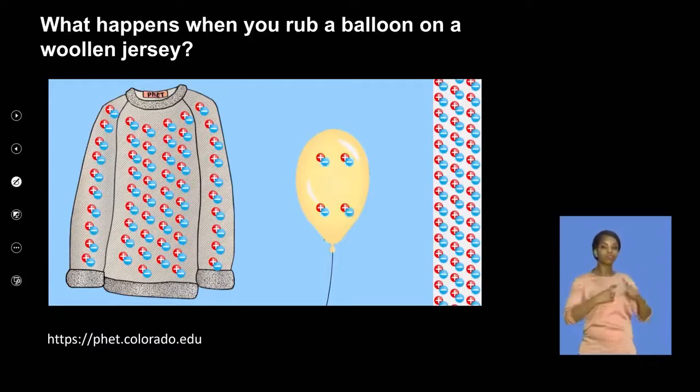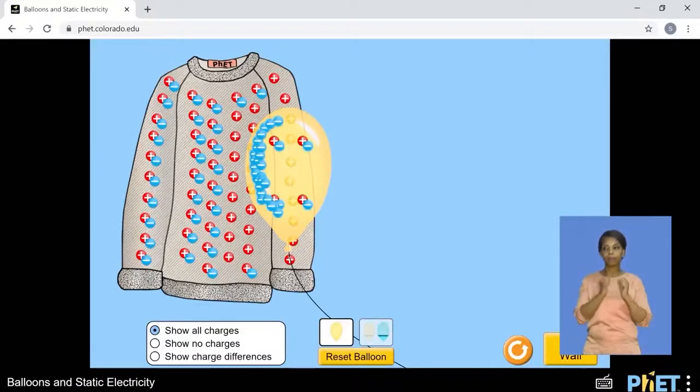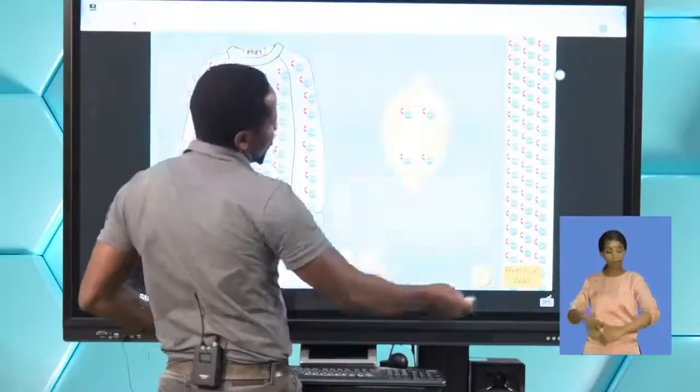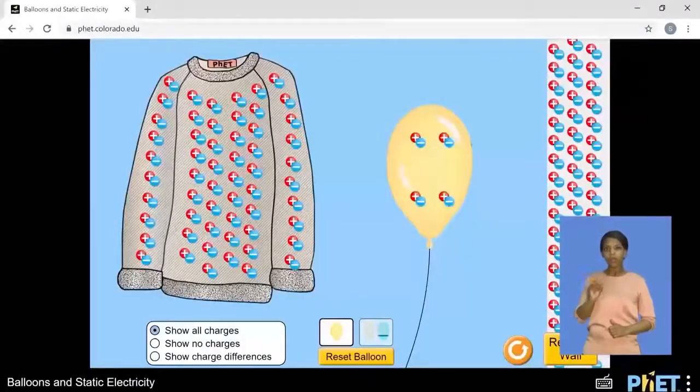Let's go back to the simulation and talk to it a little bit. Now I'm going to reset everything, and you'd realize that we've got a wall. The wall is also neutral, right? Because in parties, balloons are a very common feature, and some of these demonstrations bring an understanding of the science behind the everyday life observations that we make.